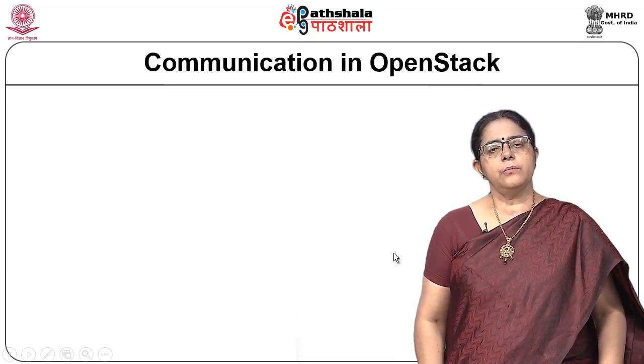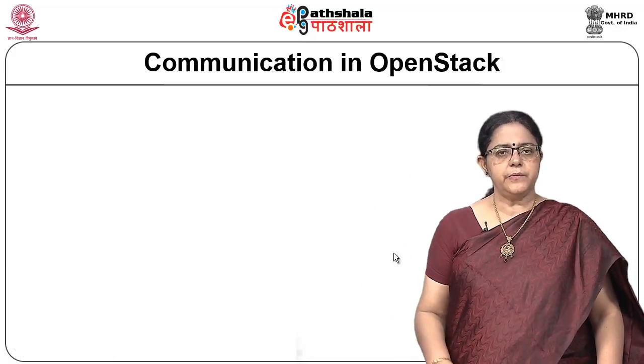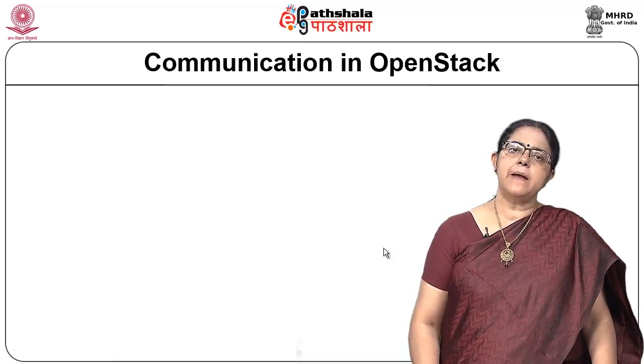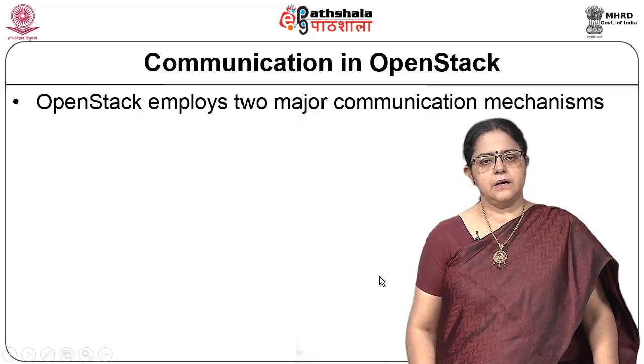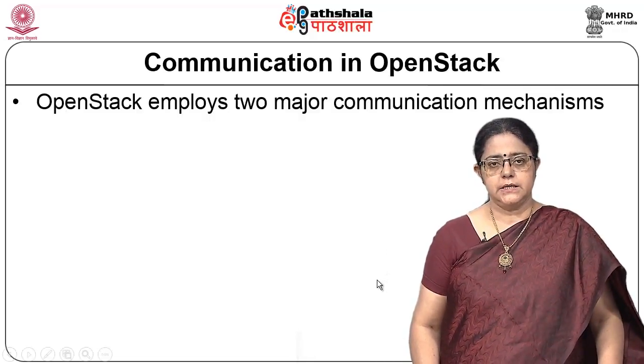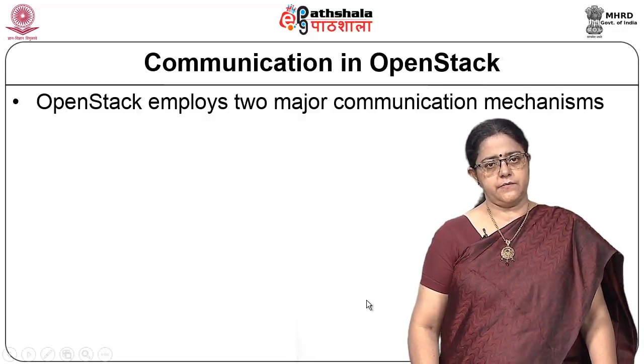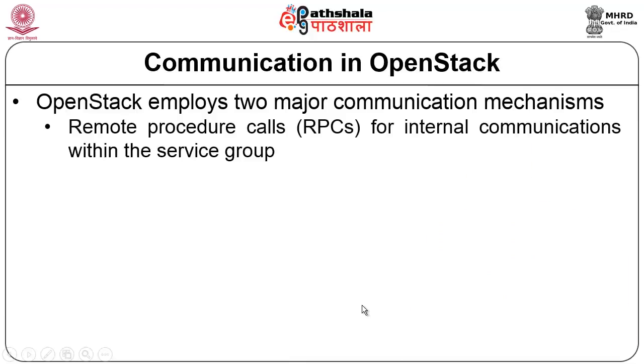Now, we talked so much about communication. How does communication happen in OpenStack? There are 2 ways that the entities in an OpenStack environment can communicate with each other. The first is through RPC and through a message queue environment. So, remote procedure call or RPC is a major distributed mechanism that we looked at.